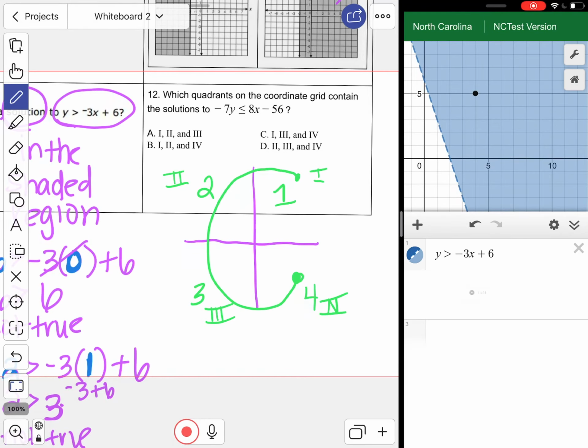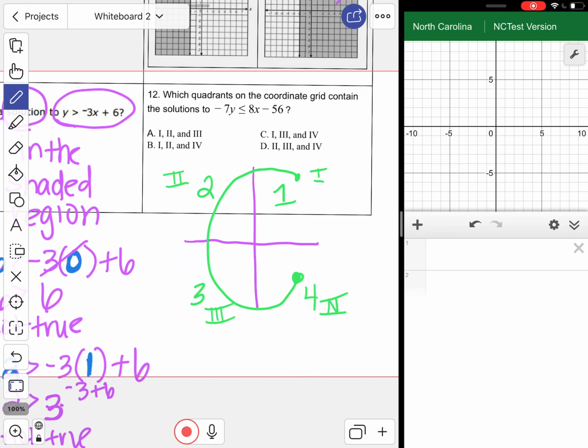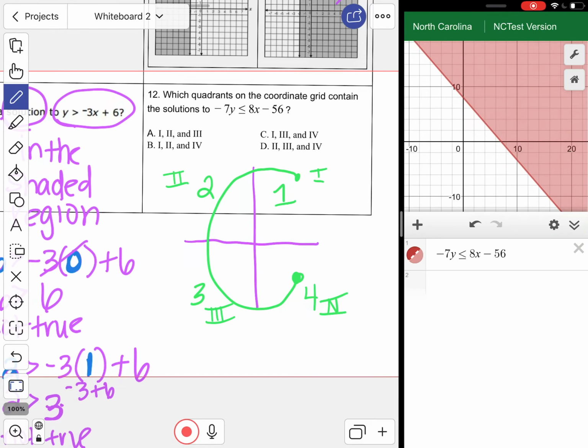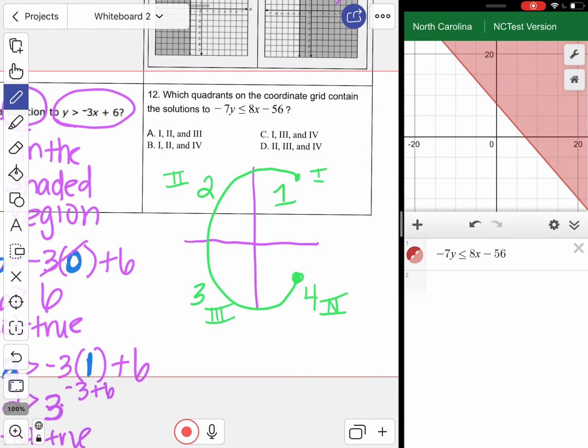All right, so I just want to see what quadrants I have shading. So if I look and I graph this in Desmos, I should see, if I check all quadrants, so I definitely have some shading in quadrant 1.